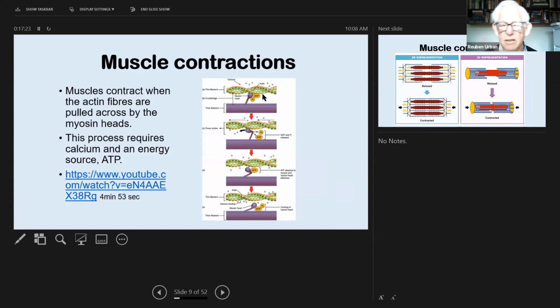ATP makes sure that this works. ATP stands for adenosine triphosphate. There are three phosphates. And if you lose one of those phosphates, you get ADP, adenosine diphosphate. We've covered this in previous talks, but this is our energy source.